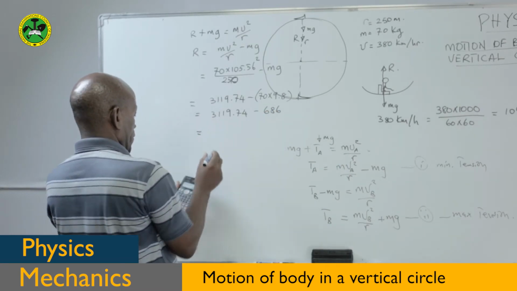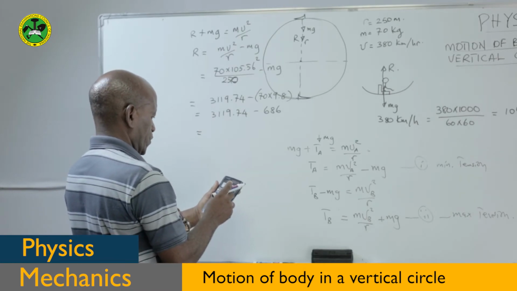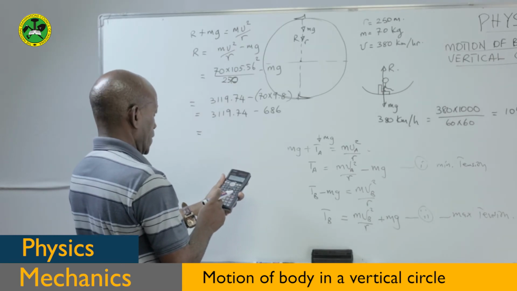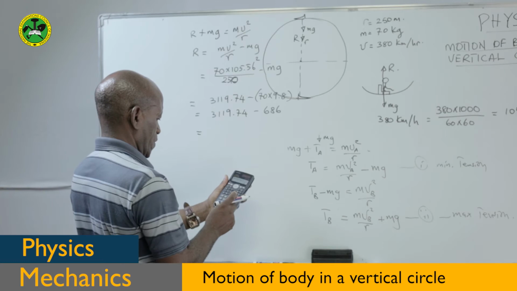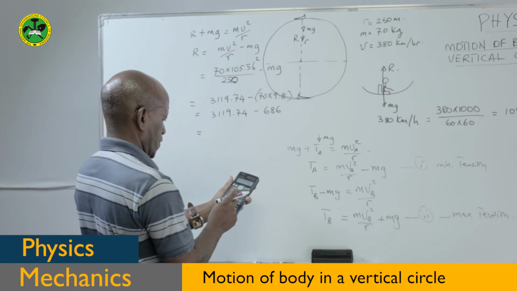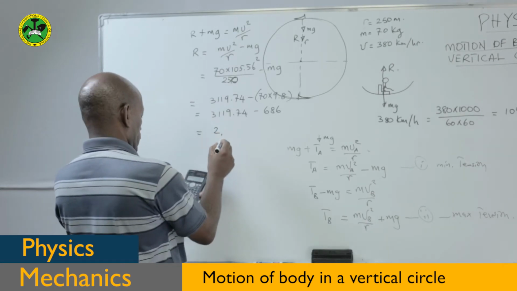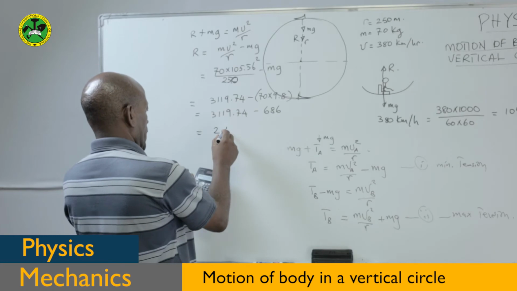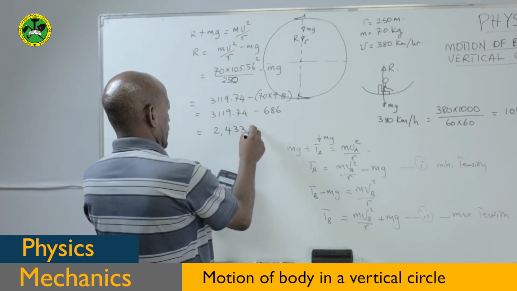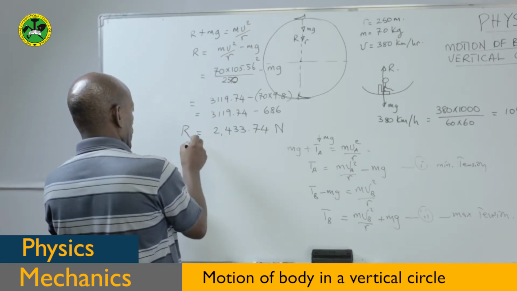So if you take the difference here, we are just going to get 2,433.74 newtons.